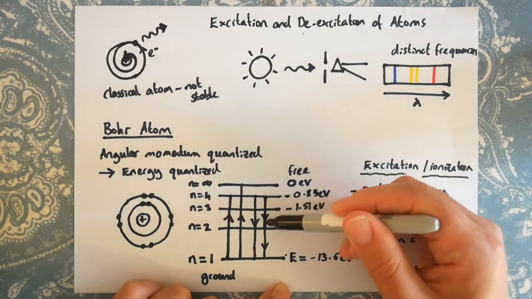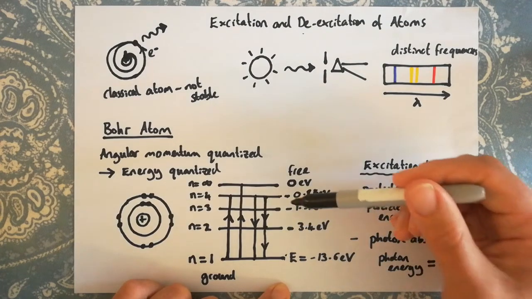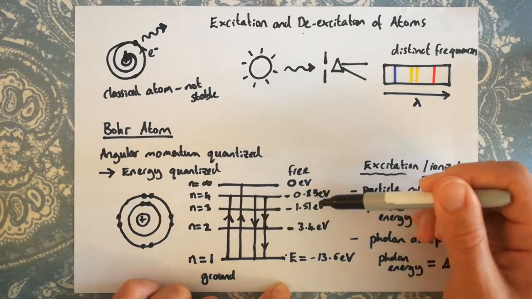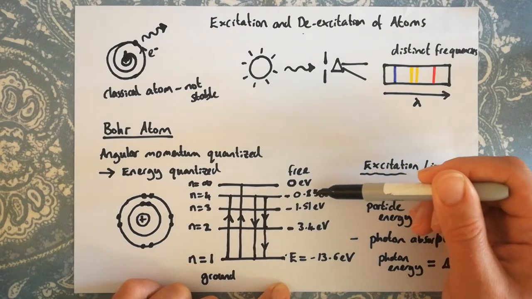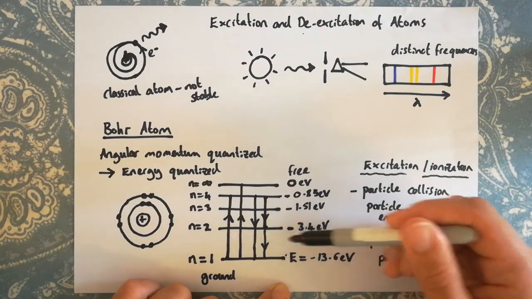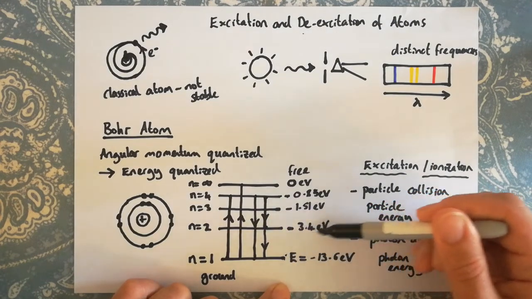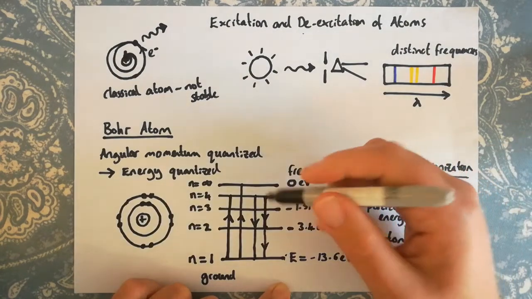If it goes from 4 to 2 and then 2 to 1, it's going to release 2 photons. The first photon is going to have an energy which is the difference between 0.85 and 3.4, and the second is going to have a higher energy, the difference between 3.4 and 13.6.